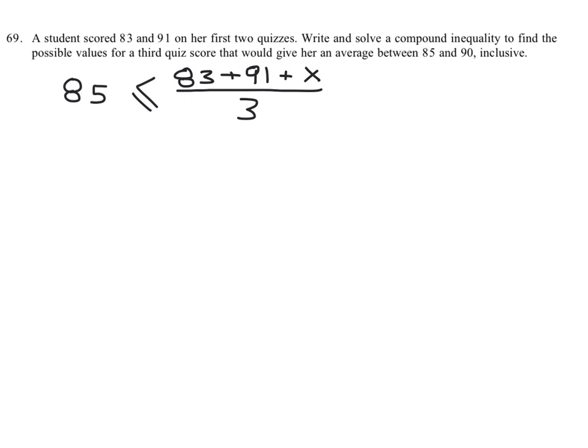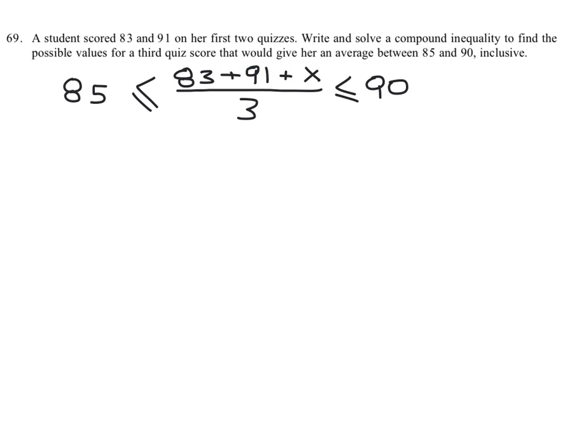So here we say the average is going to be greater than or equal to 85, and of course it's going to be less than or equal to 90. Okay, so looking at it one more time before we solve it, just to make sure that we understand that it's set up right, we have an average for her three quiz scores.